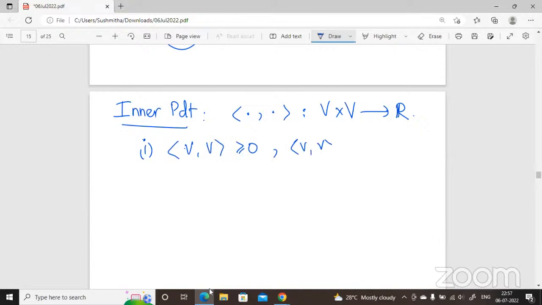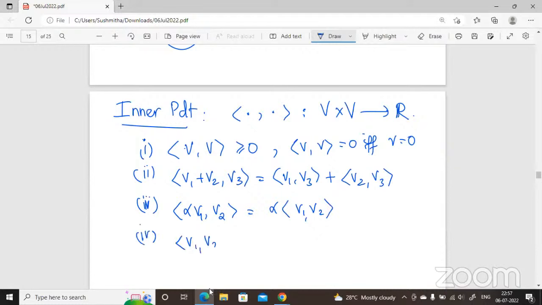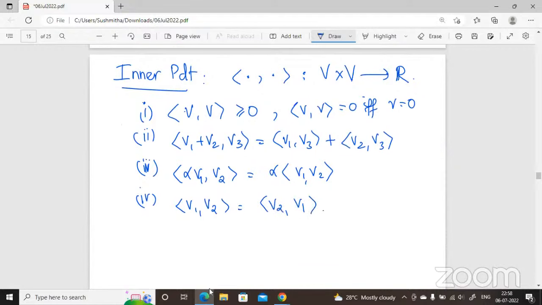It is equal to 0 if and only if V is equal to 0. V1 plus V2 comma V3 is V1 comma V3 plus V2 comma V3. Alpha V1 comma V2 is alpha times V1 comma V2, and V1 comma V2 is equal to V2 comma V1. If all these conditions are satisfied, then the function is called an inner product.